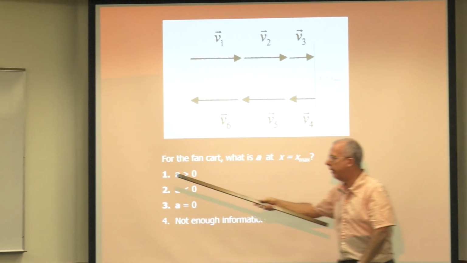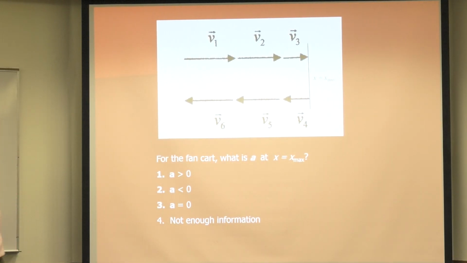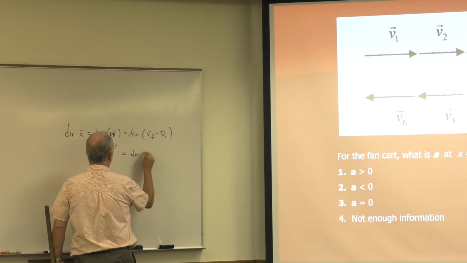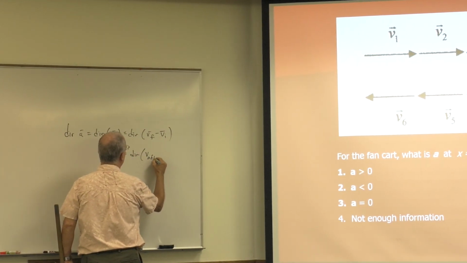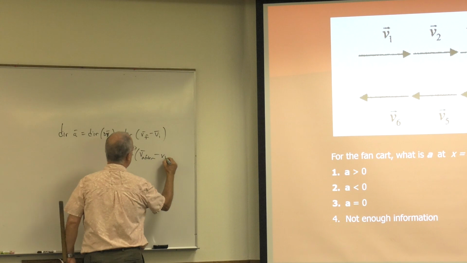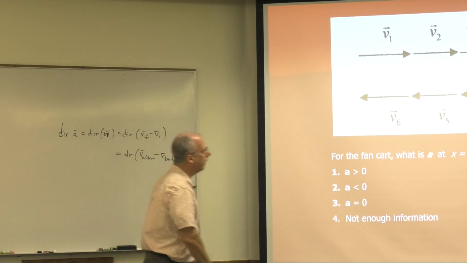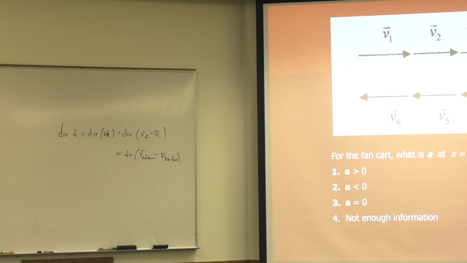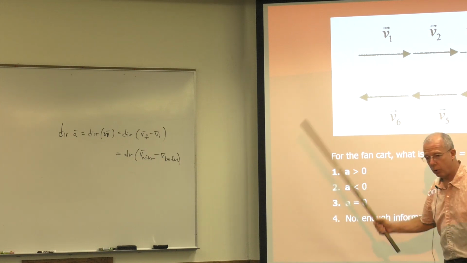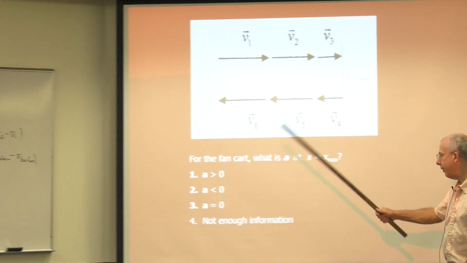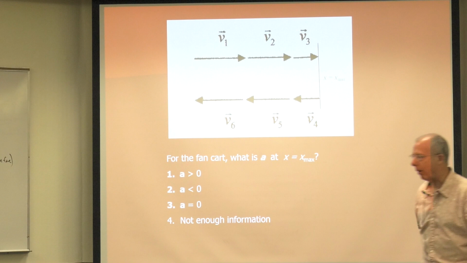So I could have said the direction of V after minus V before. Obviously, this is V before, and this is V after. So please use that, do the vector subtraction, and figure out the answer. So pause your video.